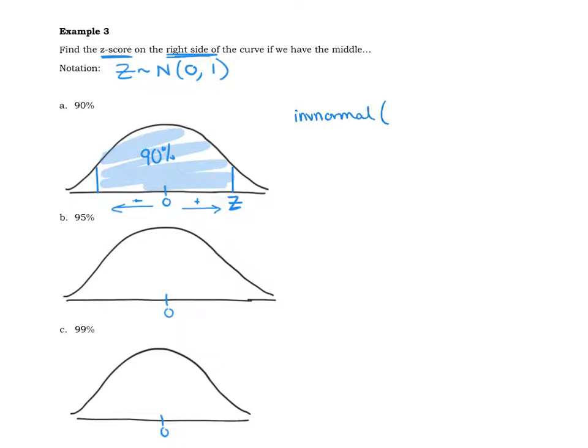And remember, we have to start with the area from the left all the way up to where this z is, okay? So if 90% of the area is taken up, again, that's 10% left. That means there's 5% down here on the left and 5% up here on the right. That's 95% of the area from the far left all the way up to where that z is.